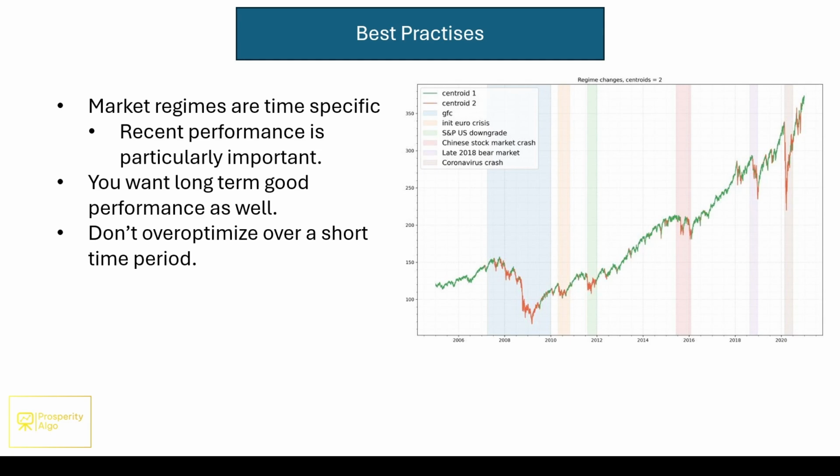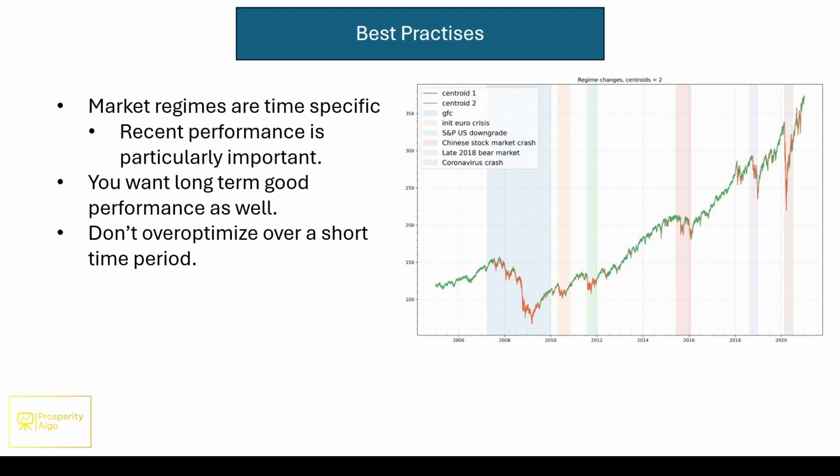We have to start off with the concept of market regimes. So effectively, with any market, be it the gold market or futures or equities, there are different periods which are driven by fundamental events. Here we see a pretty good example, I believe this is an equity chart, maybe one of the large equity markets, but it shows that during different time periods, like the global financial crisis and the COVID crash, price action behaved extremely differently.